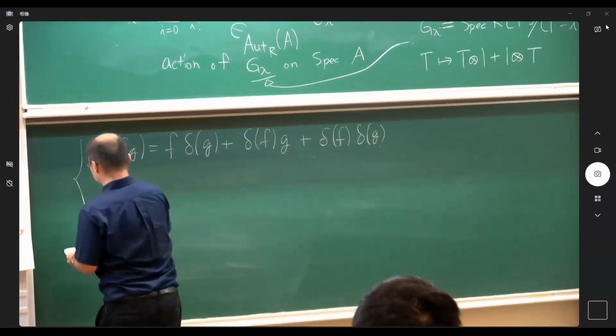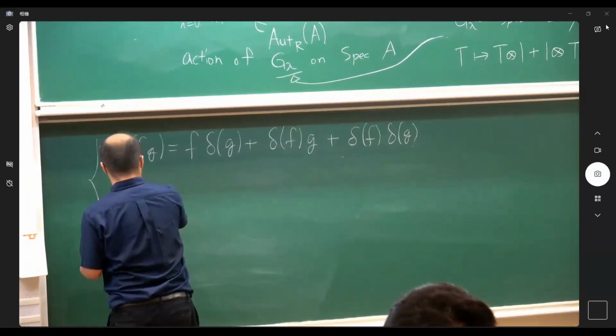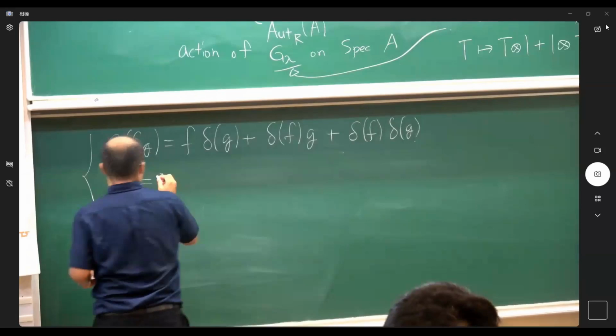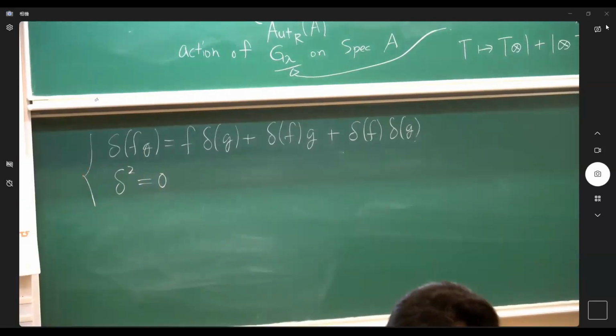And this is additive. So delta squared is equal to 0.